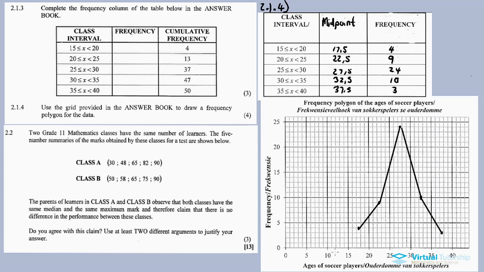The point will touch the x-axis as the initial point, as there is a class below this one, and then the last point will be the class above this 35 to 40. What do I mean? I mean our class here, or I think let's calculate so instead. Let's do this instead.